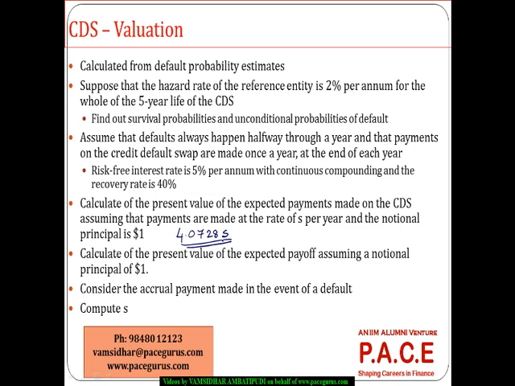I need to find out that S, but whatever is the S that I am paying, the present value of all those payments is coming out to be this much.